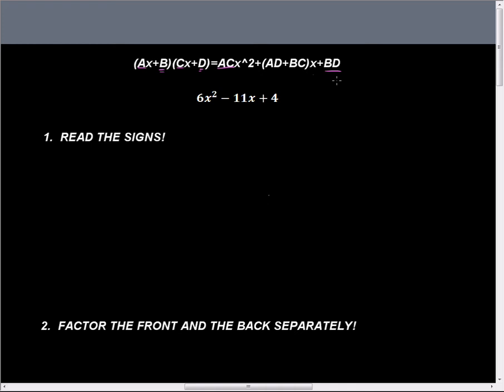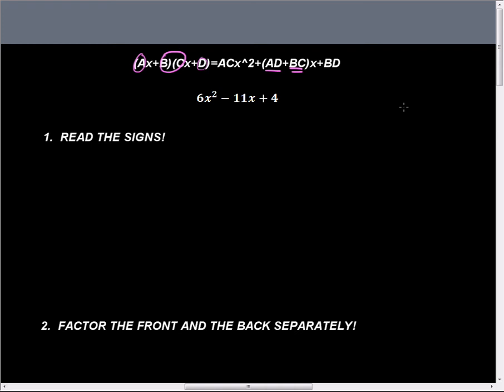But if you take a look at it, you also have a mixed factor here in the middle, as well as another mixed factor. And so it gives you a hint as to what to do: maybe just factor the front number and the back number, and combine them through some form of addition.